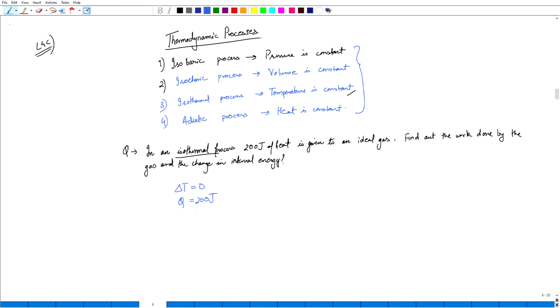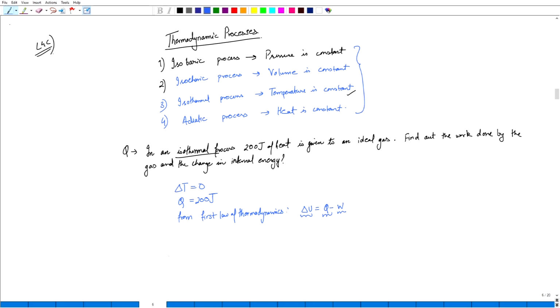From the first law of thermodynamics, delta U is Q minus W. So we know Q, we need to find W, and we don't know delta U.